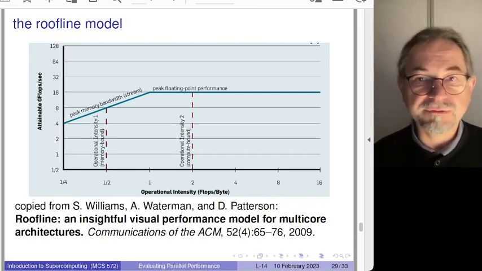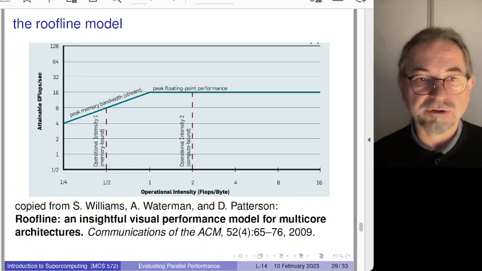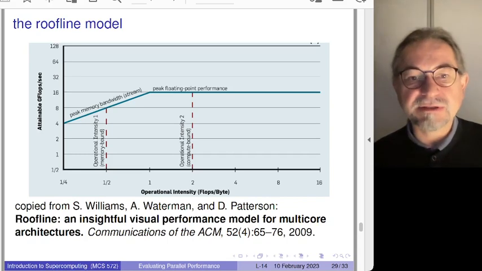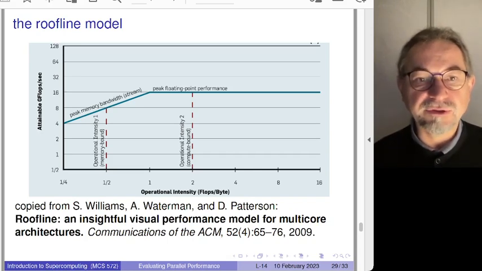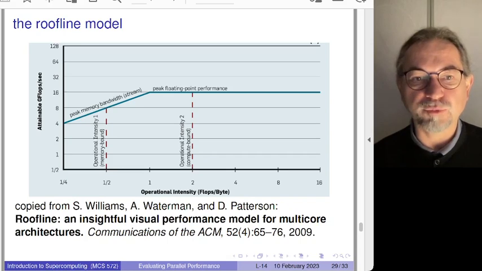On this particular example, this was 16 gigaflops per second. That's the vertical axis. But then you can express this in the operational intensity, the horizontal axis. So they have the slanted line, and that line is determined by the peak memory bandwidth.